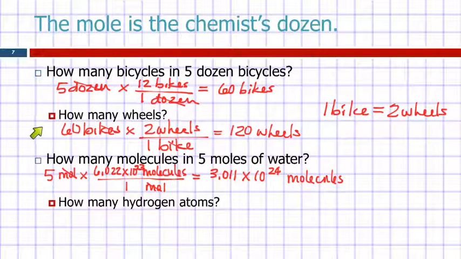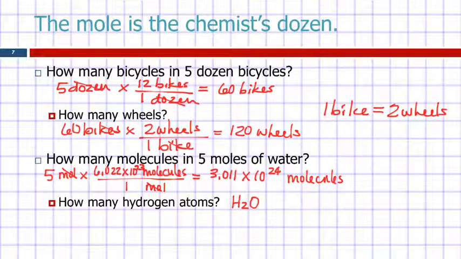We need to be able to do similar problems with moles and atoms and molecules. How many hydrogen atoms in 5 moles of water? Well, we already did the calculation to figure out the number of molecules. How many hydrogen atoms in 1 molecule of water? What's the formula for water? H2O. So this is 1 molecule.